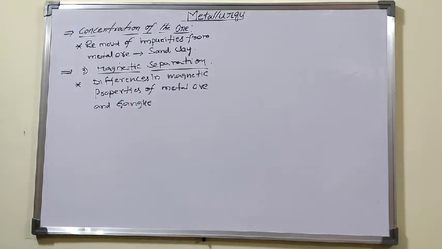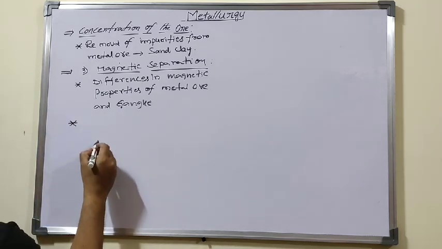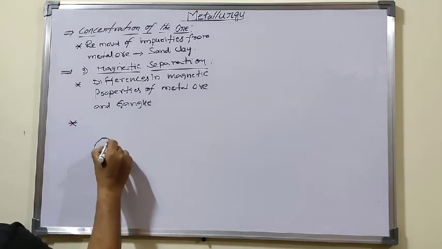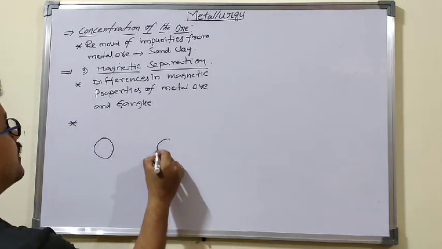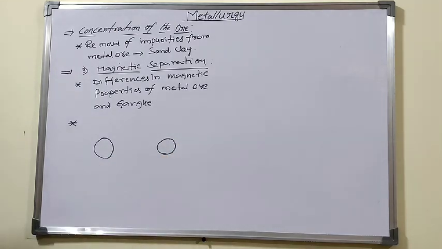So gravity separation is a difference in gravities. Froth flotation is a difference in wetting property. And magnetic separation is a difference in magnetic properties of metal ore and gangue particles. Here we have an arrangement like these two magnetic rollers.